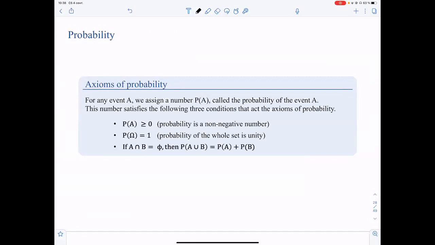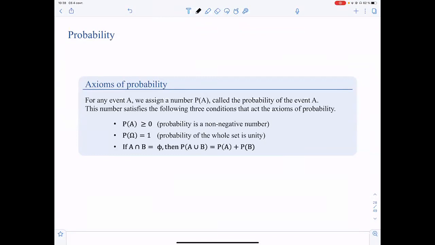And if two events do not intersect, so if they have nothing in common, then the probability of their union is the sum of their probabilities. Let me clarify this a little bit. Say A is 1 and B is 6. We are speaking about rolling a die, and you want to measure the probability that you get 1 or 6.